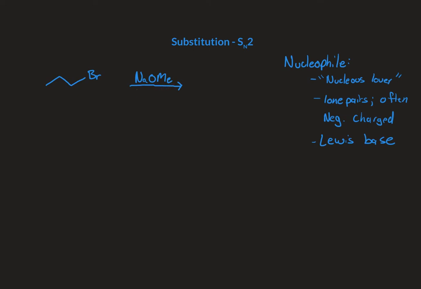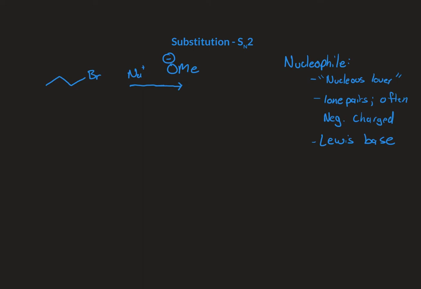So remember that I can redraw sodium methoxide as Na plus and OMe minus. And so in this case, our nucleophile, OMe minus, is going to make a new bond with carbon. And it's a concerted mechanism. That means that it's going to happen in a single step.